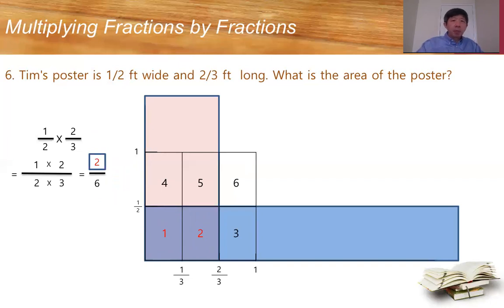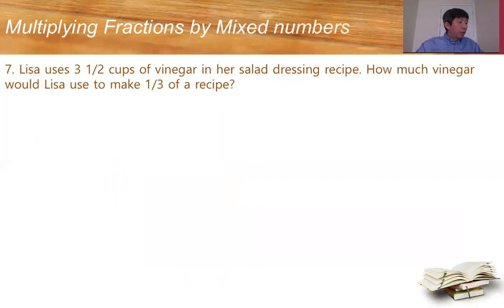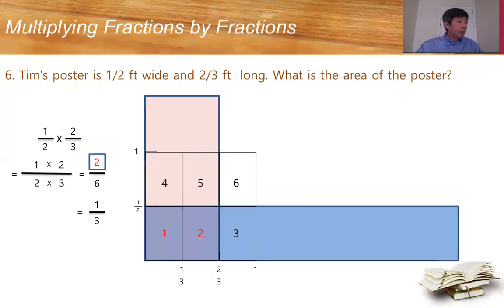And then, can we also change this into a reduced fraction? This is 2/6, which is equal to 1/3, right? Okay. So the answer is 1/3. Oh, go back. The answer is 1/3. Actually, don't forget about the full square, okay?